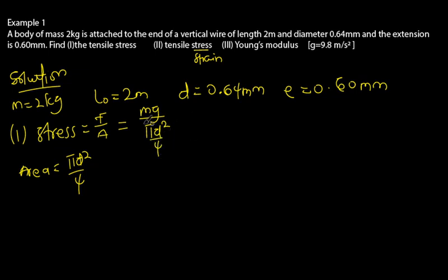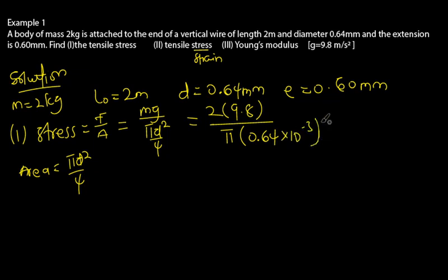If we input our parameters in here, our mass is 2 kilograms, our gravity is 9.8, divided by pi times the diameter, 0.64 millimeters, so times 10 raised to the power minus 3, squared, divided by 4.